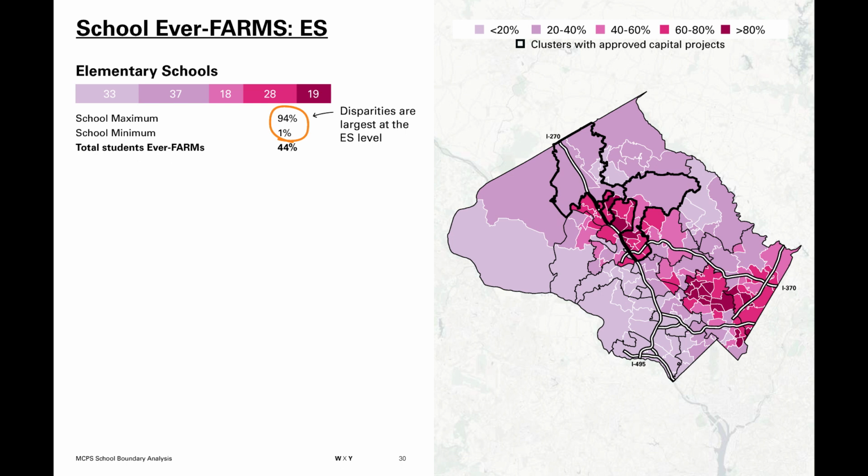However, the disparity between the lowest and highest average in Montgomery County elementary schools is quite significant. We have one school in Montgomery County with as low as 1% of Fver-FARMS students, compared to another school in Montgomery County with as high as 94% Fver-FARMS students concentrated in one school.